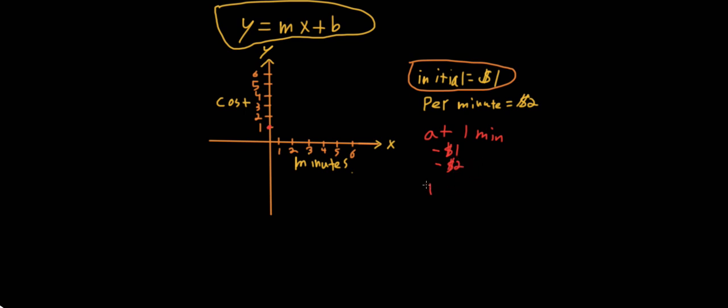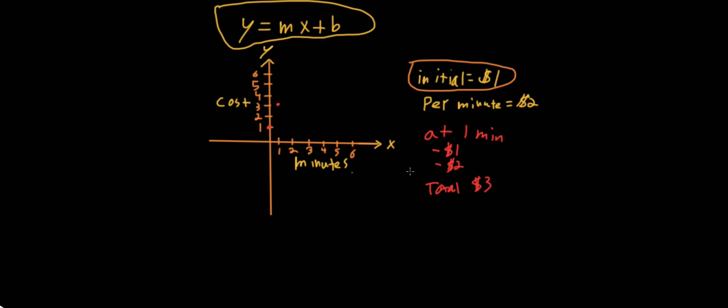So you're paying a total of $3. Let's label that. At 1 minute we're paying $3. That's our next point. You might already see the pattern that as we keep going, this is going to be a line that we can connect.